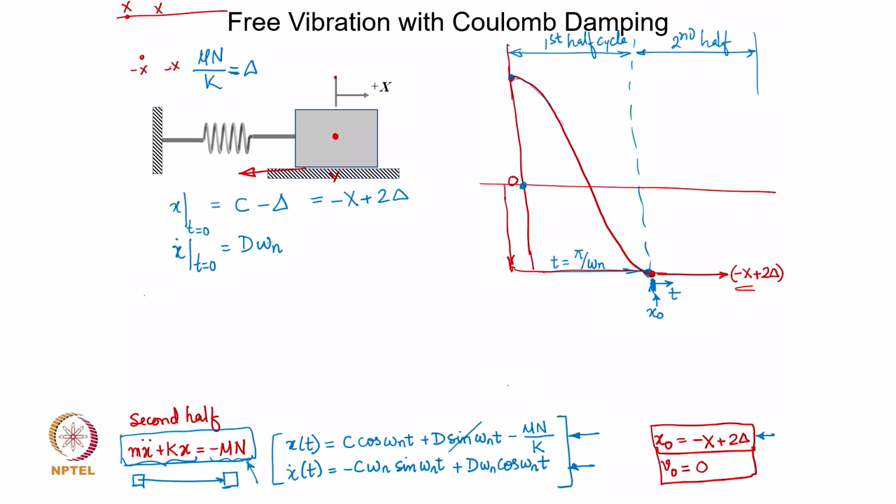And this value being 0, it also tells me that d is equal to 0, and from this expression, okay, I have a value of C equal to minus x plus 3 delta.